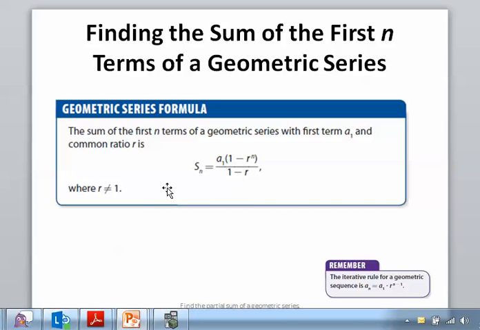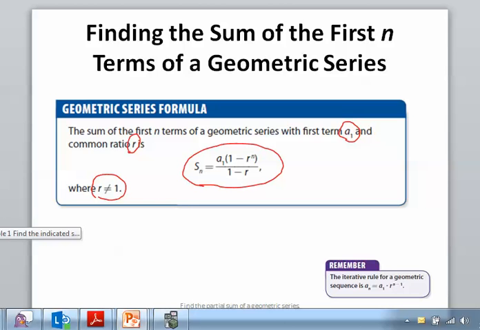And just like in the arithmetic sequence, we have a formula for calculating the partial sum of a geometric series with the first term a sub 1 and a common ratio of r. The only caveat is that r cannot be equal to 1. If r is equal to 1, this doesn't work very well. But if it's not equal to 1, then this formula will tell you how to find the sum of the n numbers.